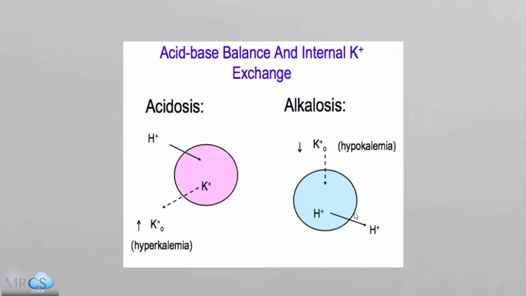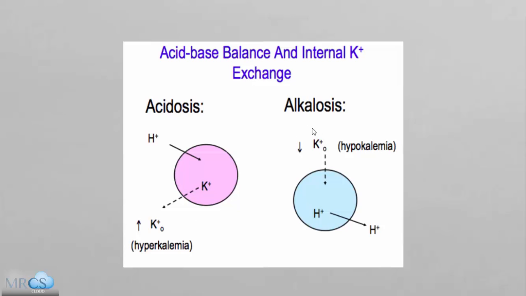Before talking about causes, there is a key point about potassium regulation inside the body: acid-base balance and internal potassium exchange. In acidosis, the body tries to get rid of hydrogen, so hydrogen is exchanged to enter the cell, and potassium goes out into the blood, causing hyperkalemia.